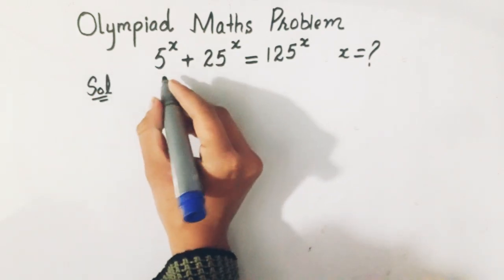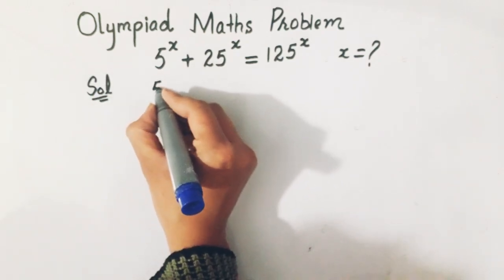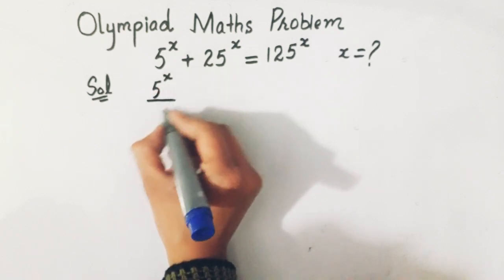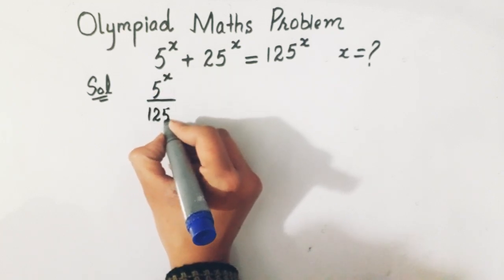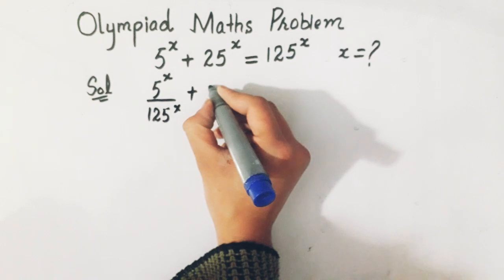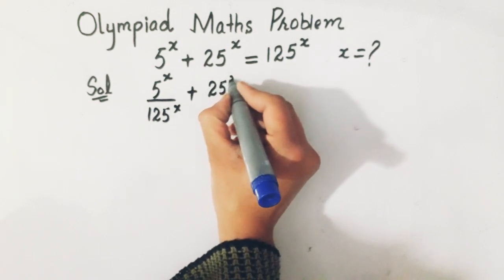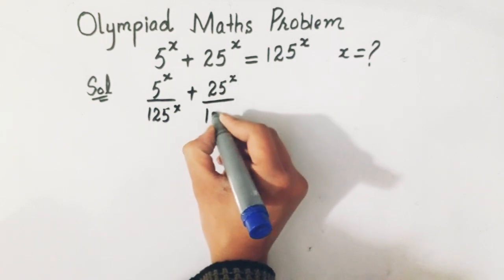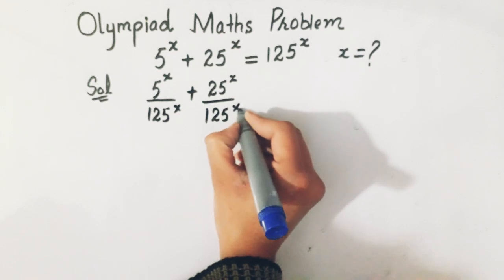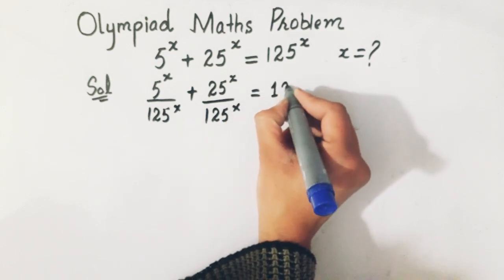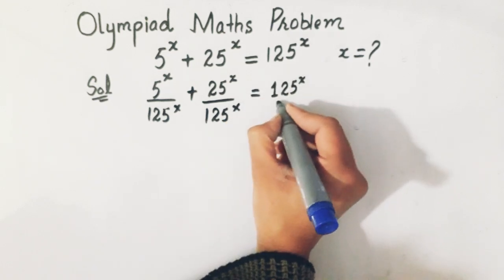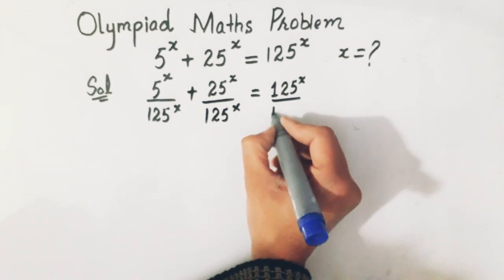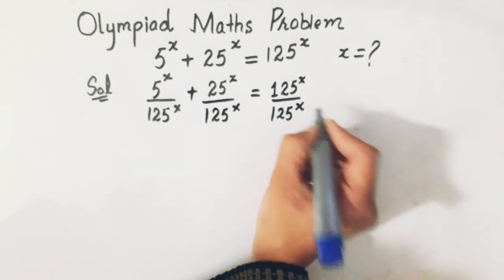first of all, we will write 5 raised to power x divided by 125 raised to power x plus 25 raised to power x is divided by 125 raised to power x, and 125 raised to power x is divided by 125 raised to power x.